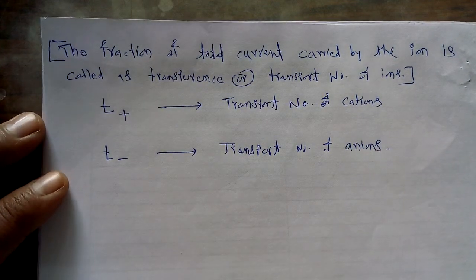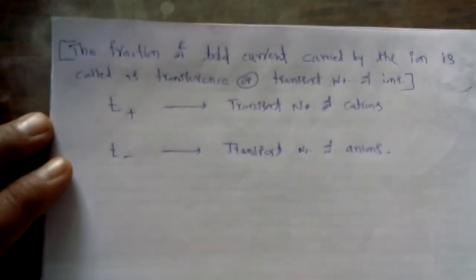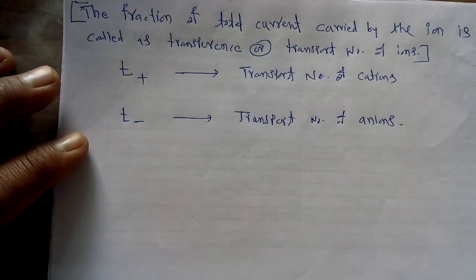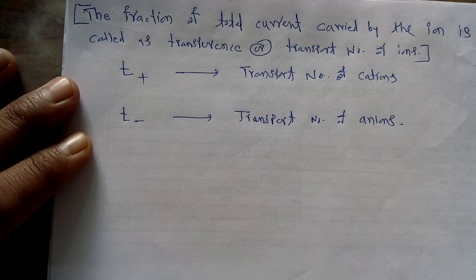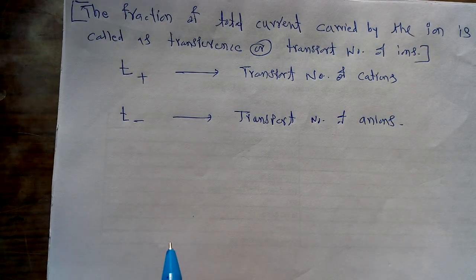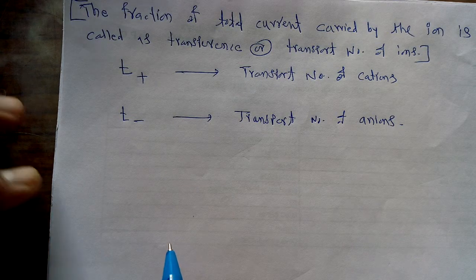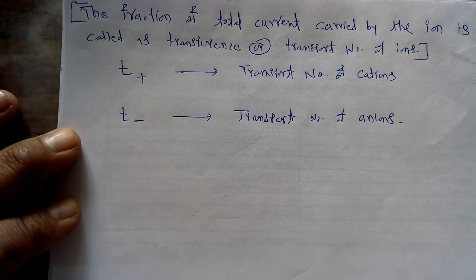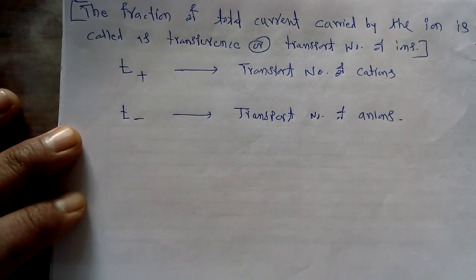Now, once we studied this simple definition of transport number, we have to consider that for any particular electrolytic solution, the current carried by both these ions may differ, or in some cases it may be equal to each other.